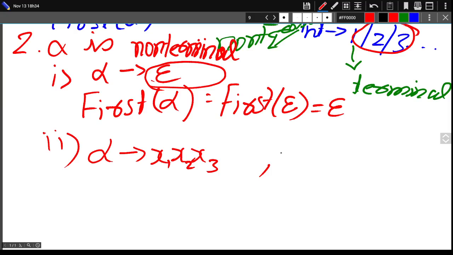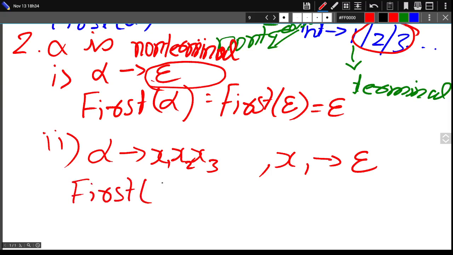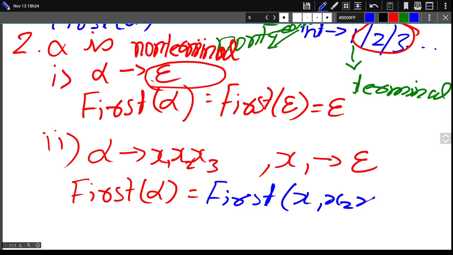Now let me consider one more thing with this, that this first variable x1 derives epsilon, okay. So what will happen, we can cover two rules together. So if we try to find the first of alpha, it will be first of x1, x2, x3, right?